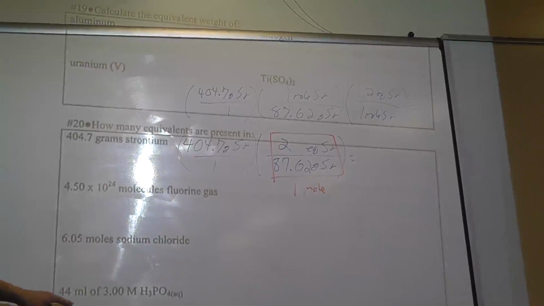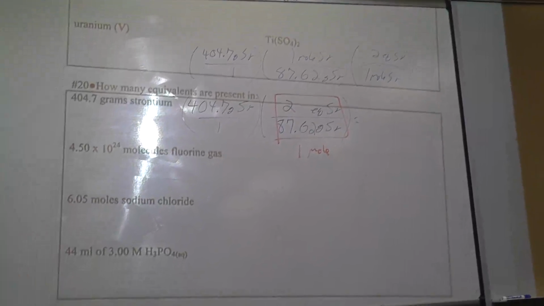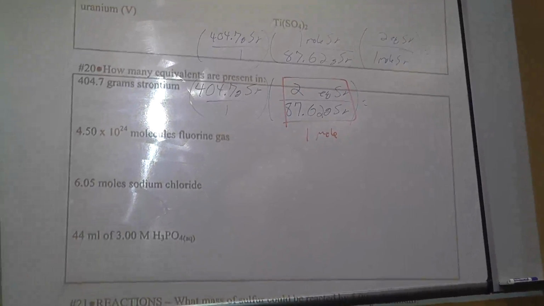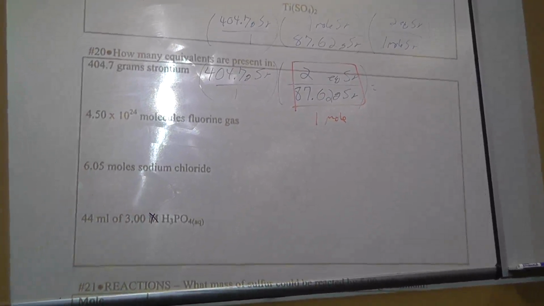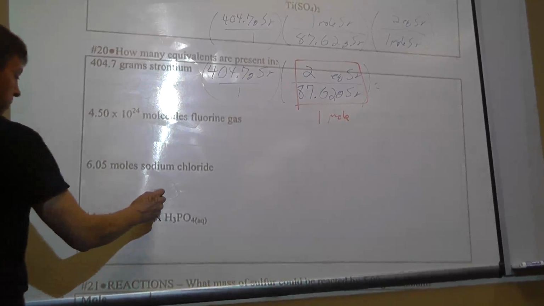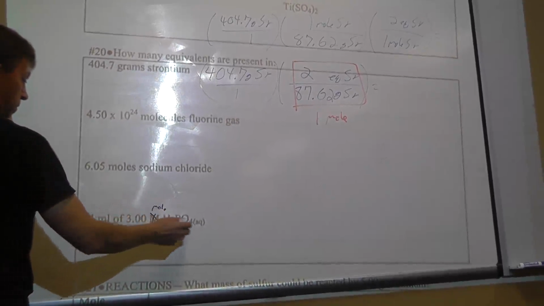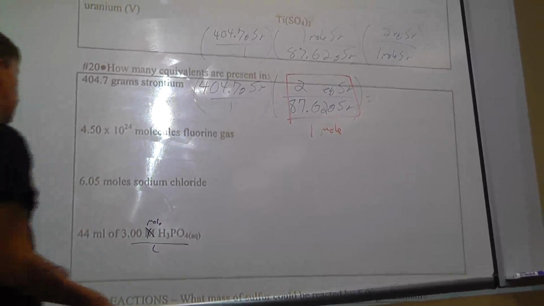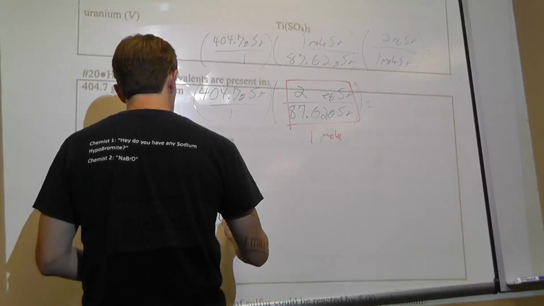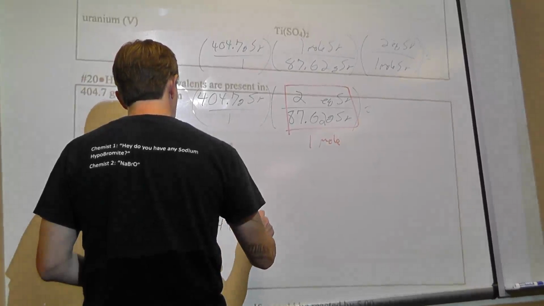This lower one then, where it brings in molarity. Molarity is moles per liter, correct? So setting that one up, 44 milliliters of solution.